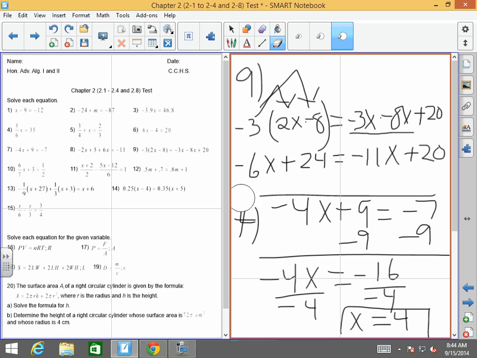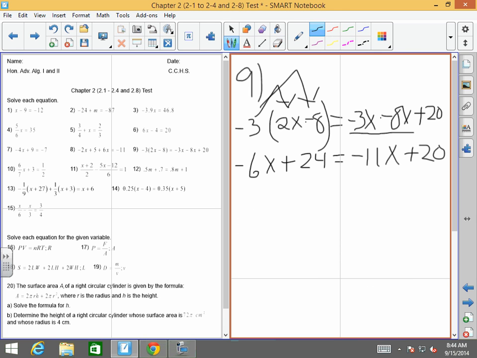I appreciate that, sir. Okay, back to number 9. So I distributed the negative 3. I combined the negative 3x and the negative 8x on that same side. So I'm going to now combine the x's together and then combine the constants together. So I'm going to add 11x to both sides.